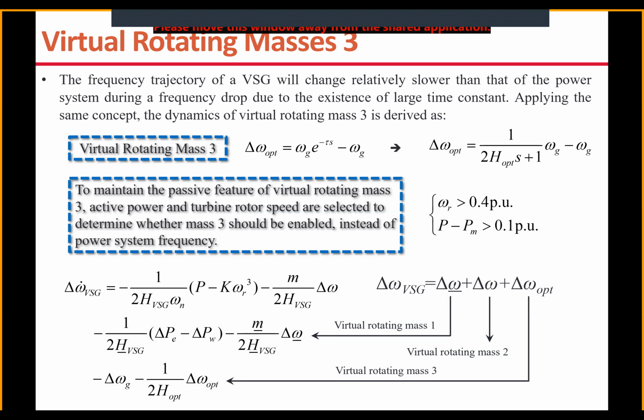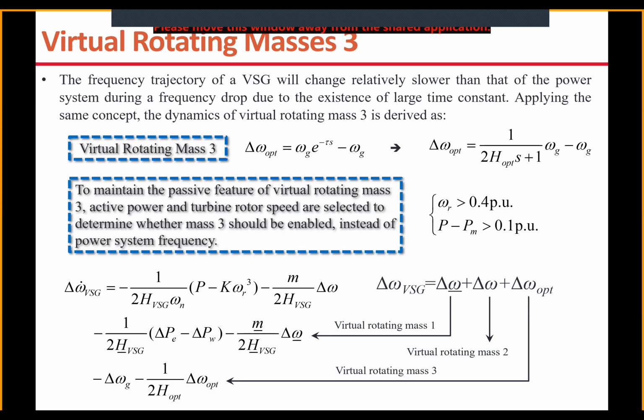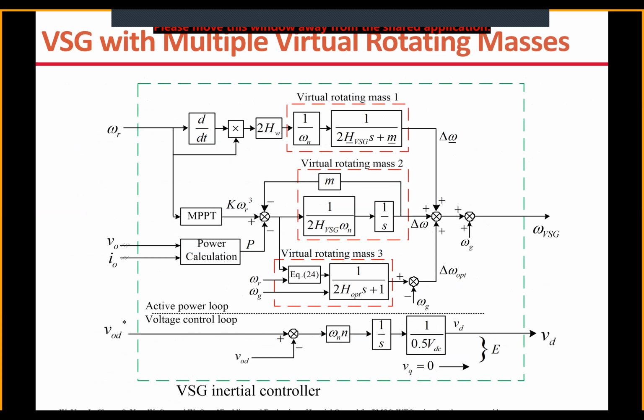And we can select the rotor speed as a control parameter, the speed. So this is a complete picture of the VSG with multiple rotating masses.